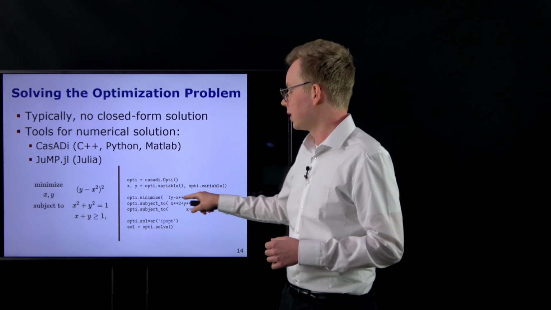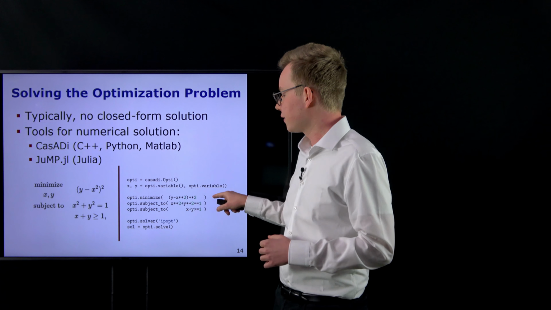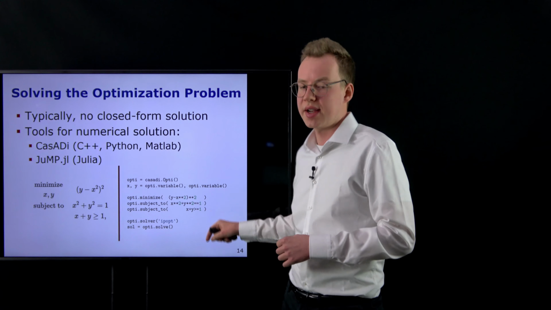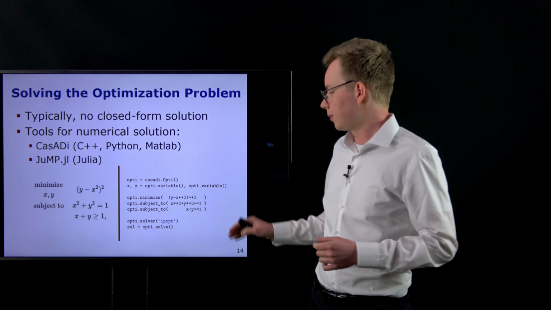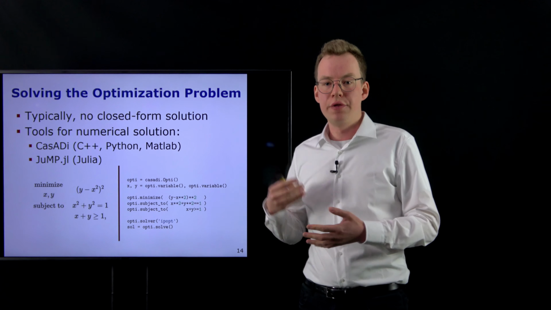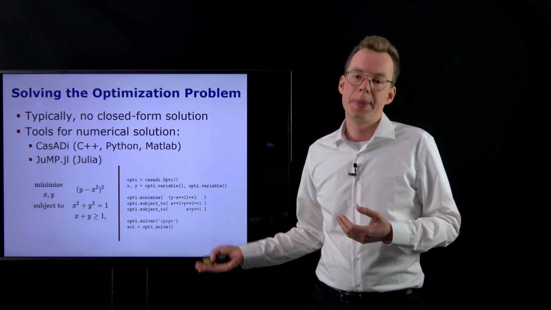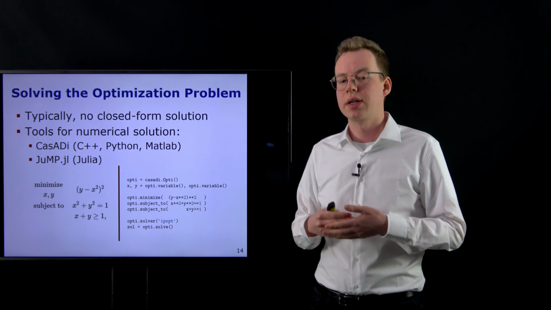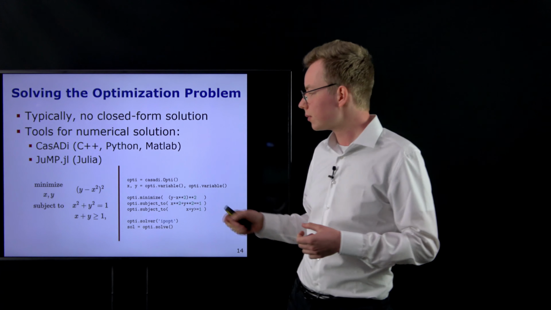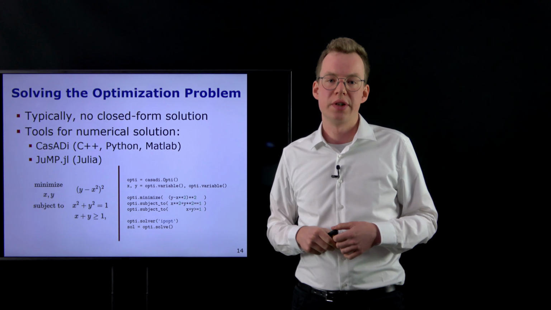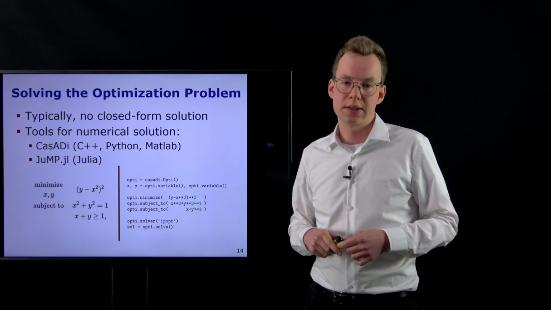Then we symbolically describe the objective and the constraints, and then we can just call a low-level solver. And so if you know how to encode a given control problem in this constraint optimization form, you can already use these libraries to accomplish the task.